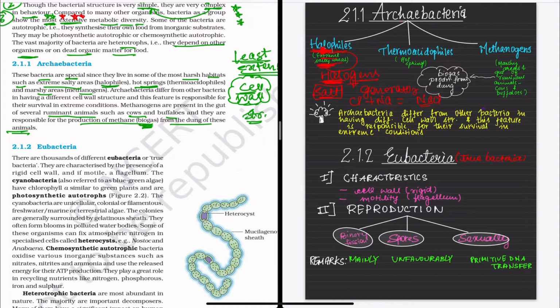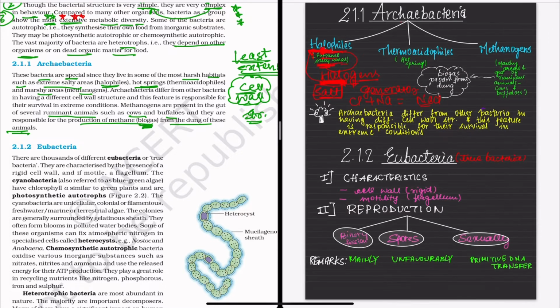Both have halo in common. So connecting things often helps in remembering. Halogens means salt generator, and halophiles also contain halo; they live in extreme salty areas. Both have halo, and halo refers to salt. This will help in remembering.